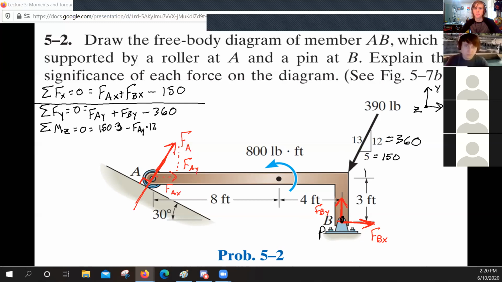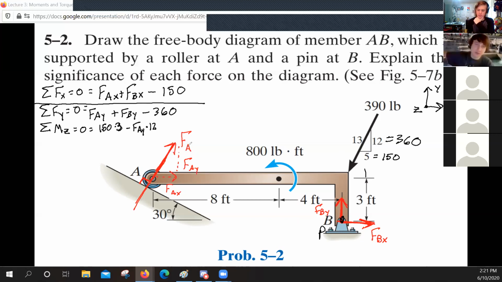Alex, you there? Would you like to try to get the last force? No. It's got to be a force where... No, imagine extending all of the forces that we've drawn out.